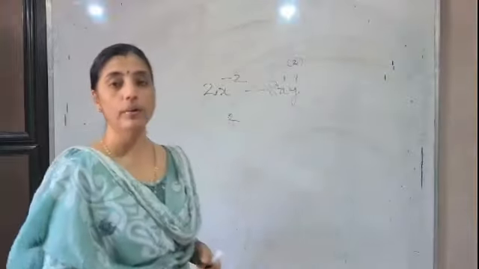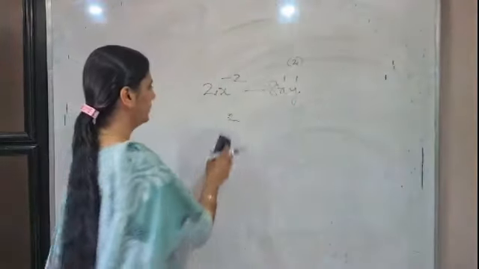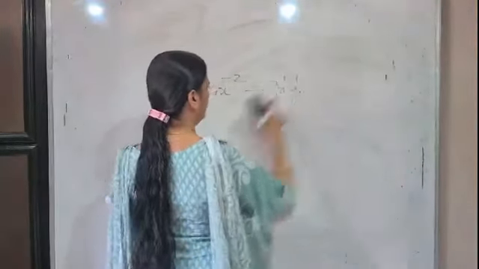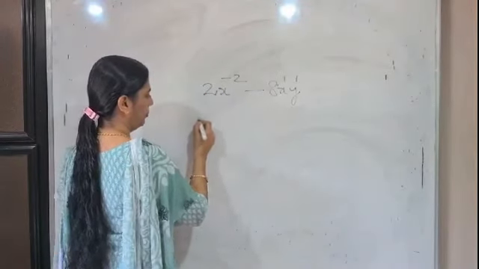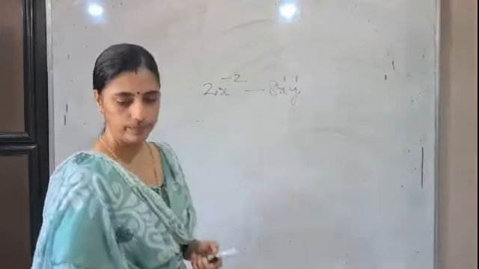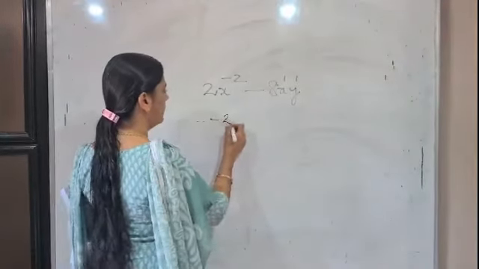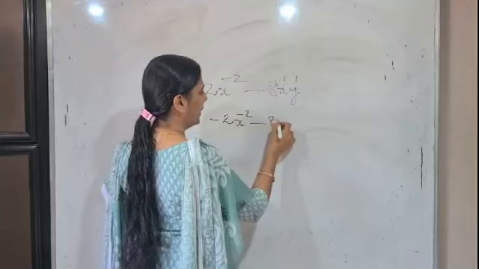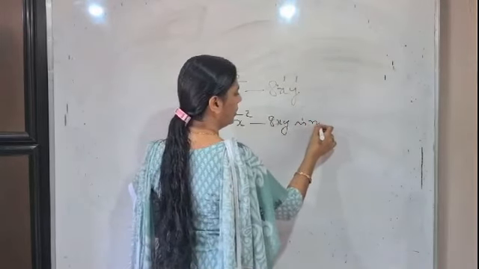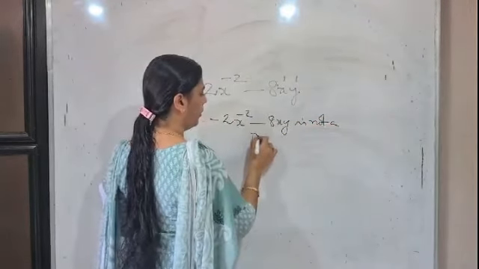You write one example. Write this one. Therefore, you write: 2x raised to minus 2, minus 8xy is not a polynomial.